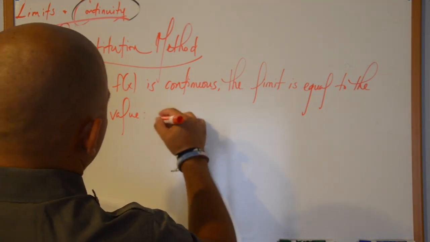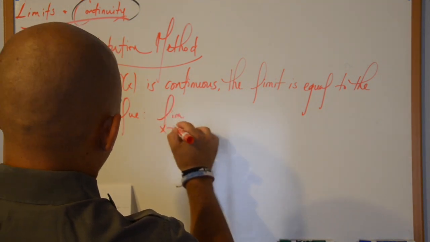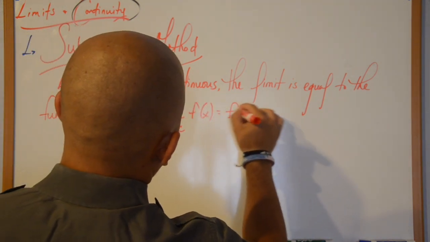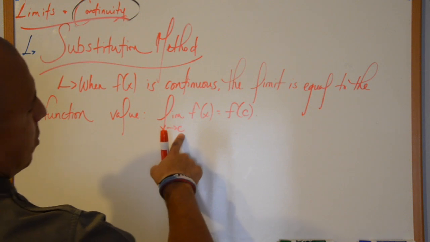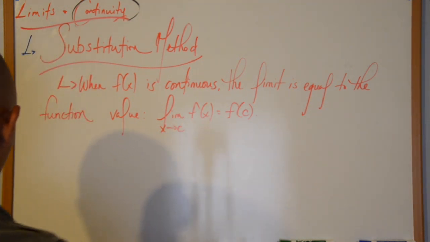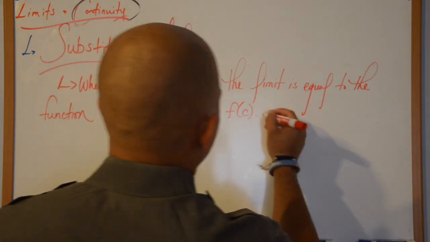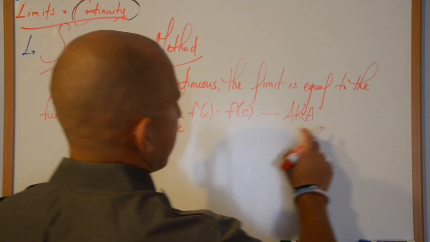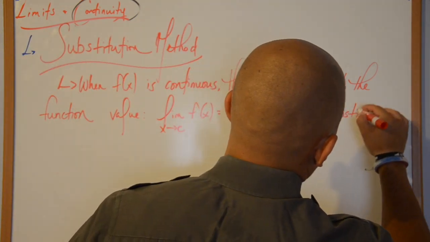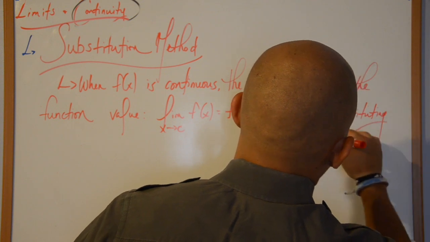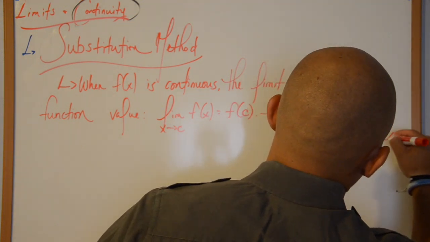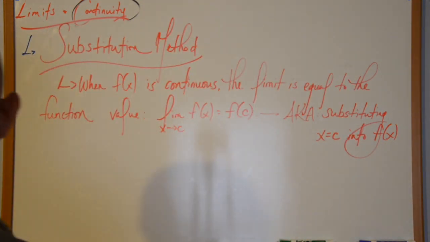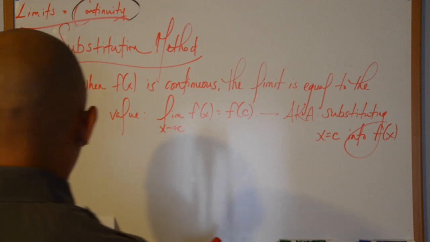And to look at this in symbols, that means we can simply directly substitute this value of c into the function. Whatever its output is what the limit becomes. And if you need further vernacular, aka substituting x equals c into f of x. So let's do a couple of examples, and then that'll be it for us today.